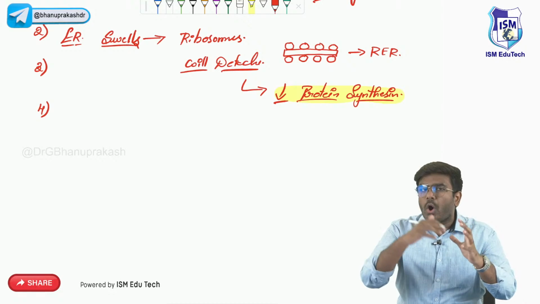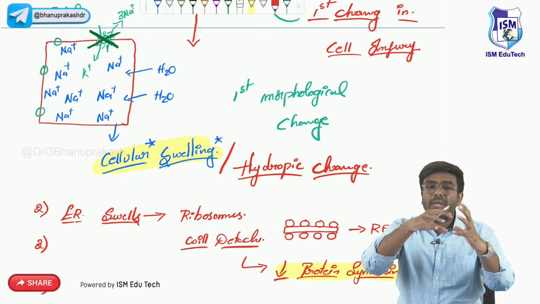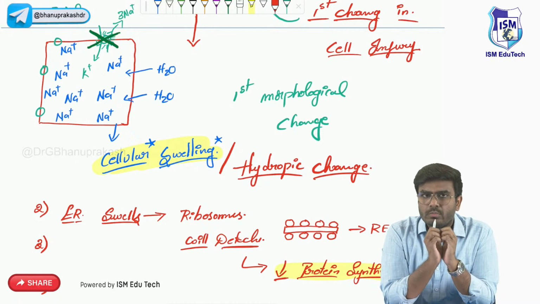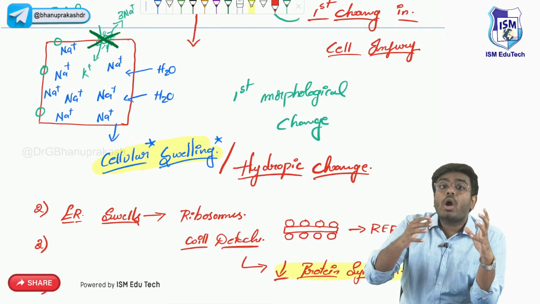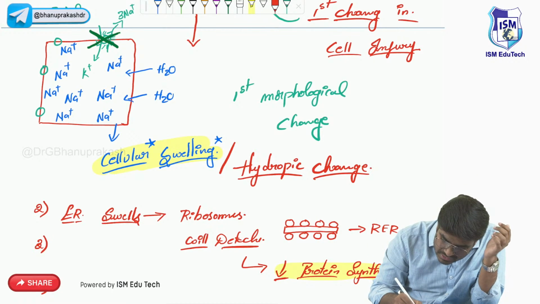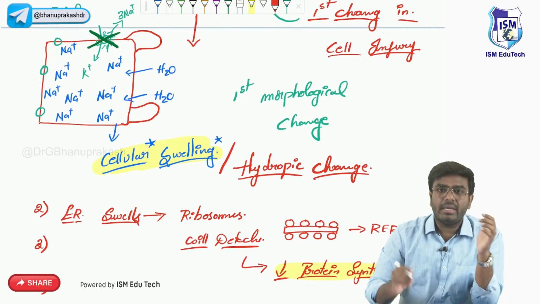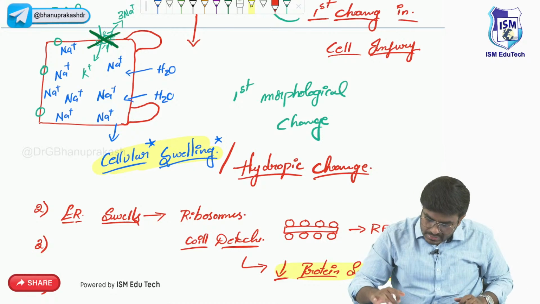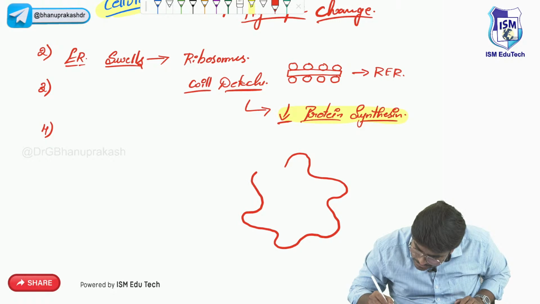Now, as extra water is coming into the cell, what will this cell do? The cell will swell. In order to accommodate the extra water, the cell will protrude like this. It will produce extra membrane, becoming bigger in size. At the end of the day, the cell will become something like this.